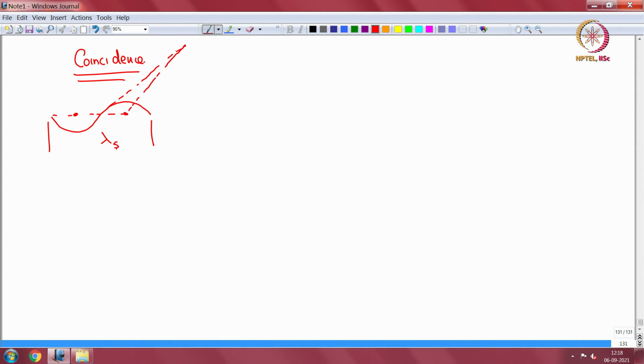So that these angles are more or less the same. This angle is theta, let us say, and these are more or less the same, it is so far off.